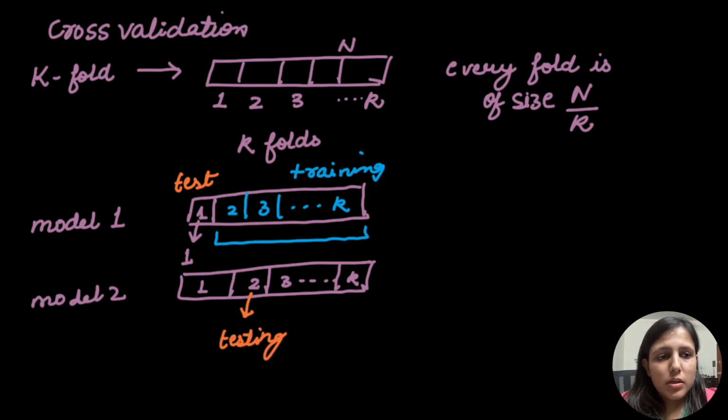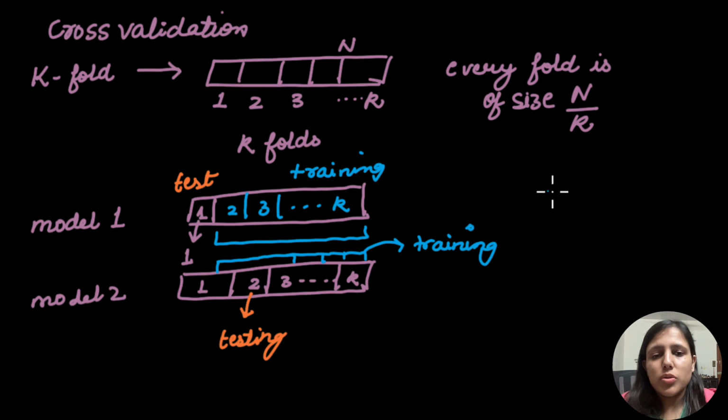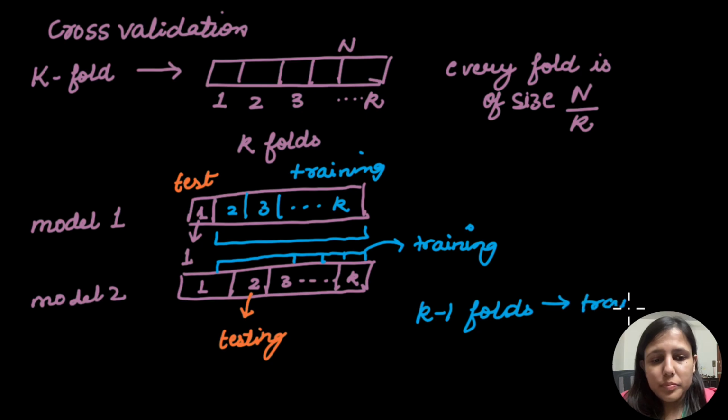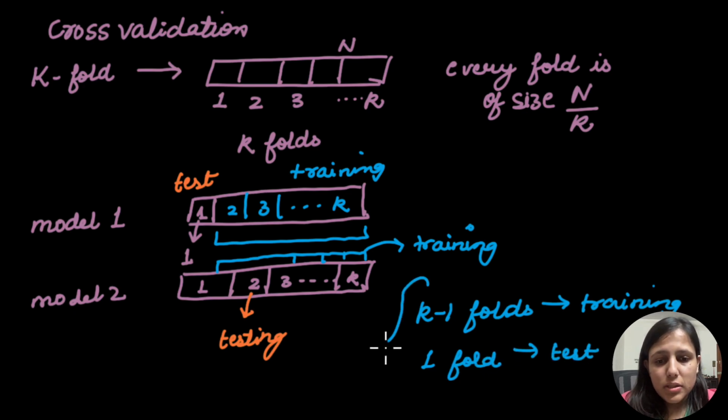And the other ones we will use for training. So k minus 1 folds are in training, and 1 fold is in testing, and we repeat this k times, right?